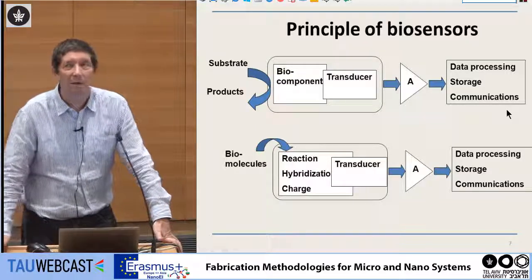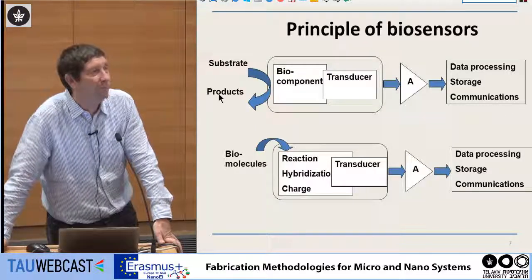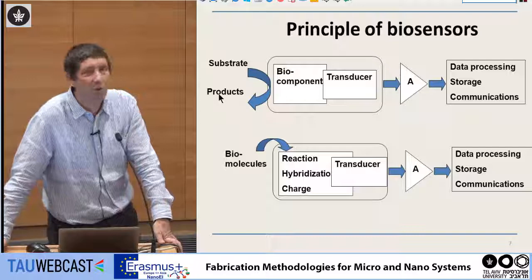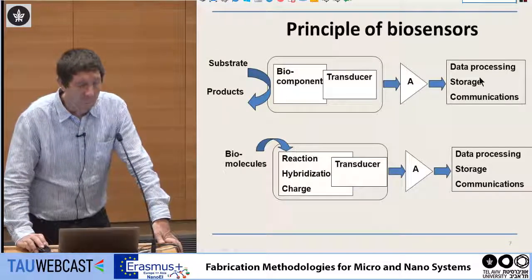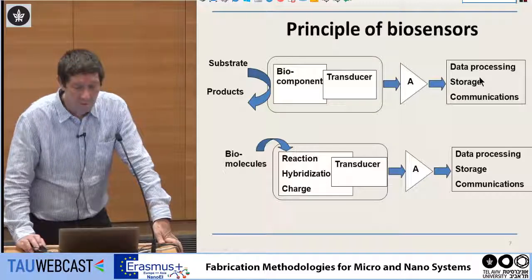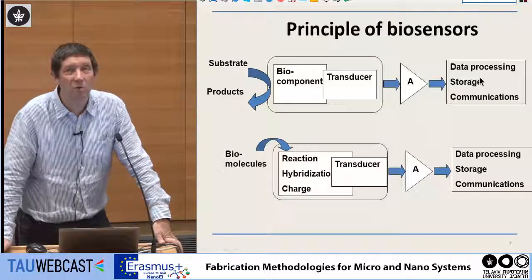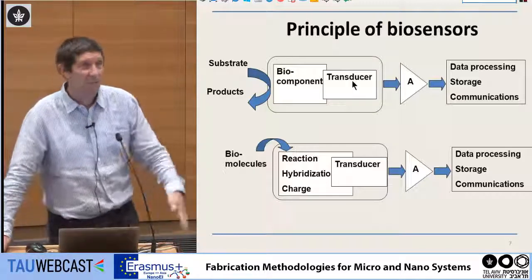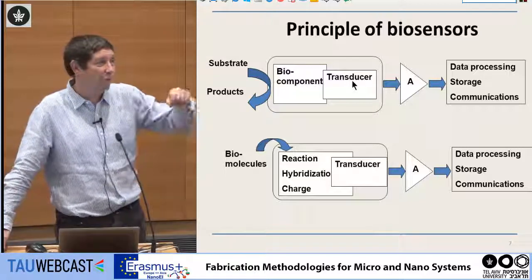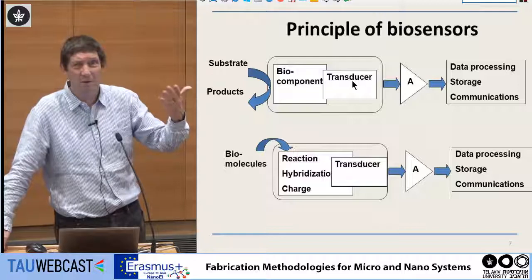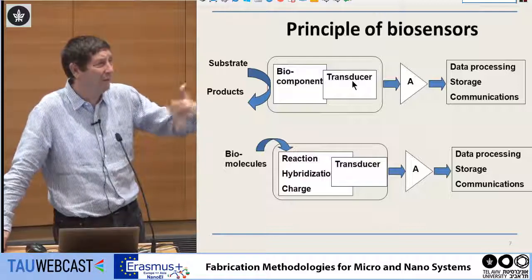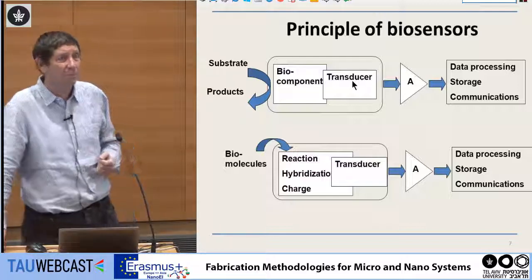Now, there are a few possibilities. One product is hydrogen peroxide, H2O2, and I make a detector of the product. So I make a detector to detect H2O2. By the way, one way to detect it is to change color. H2O2 is a very oxidizing component, so I can do a change of color.